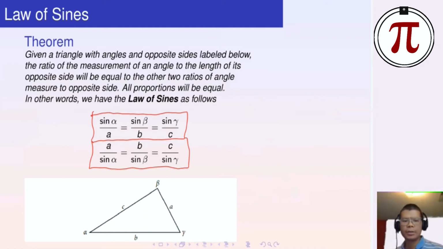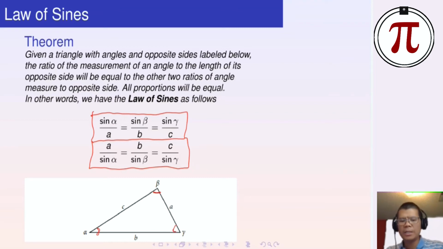Given a triangle with angles and opposite sides labeled below, be careful with the labels. Alpha, beta, and gamma.